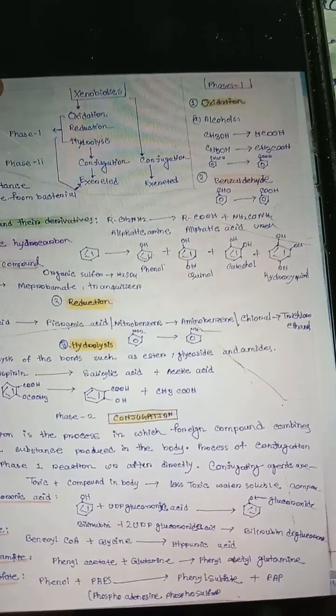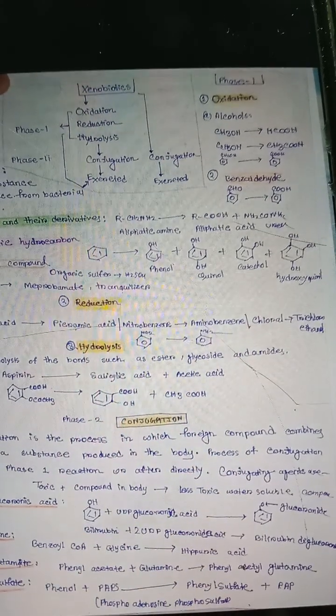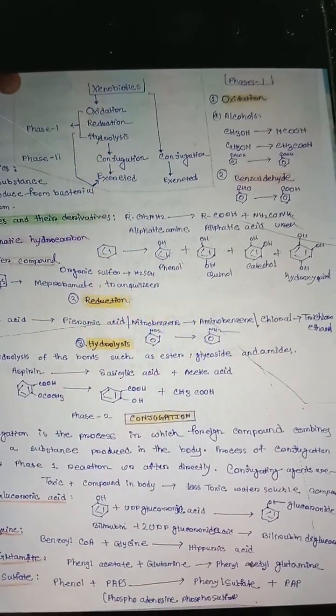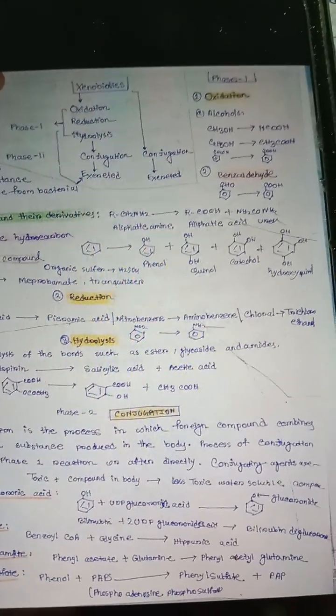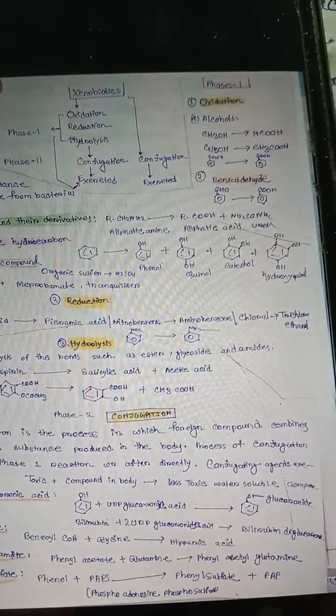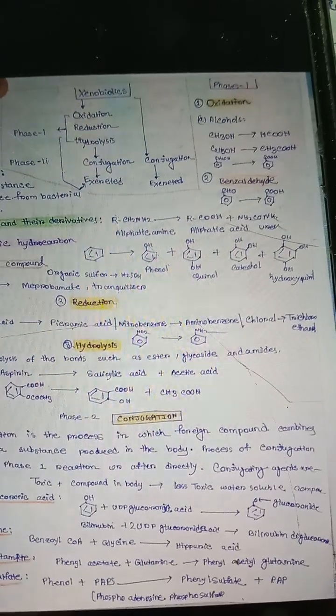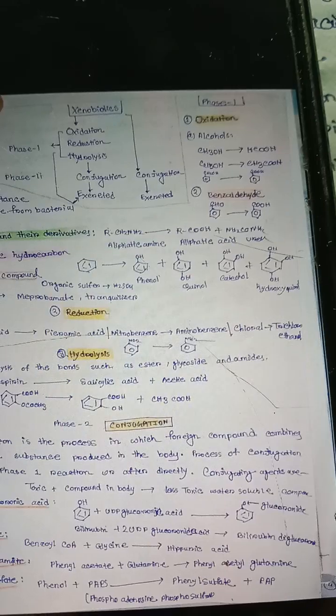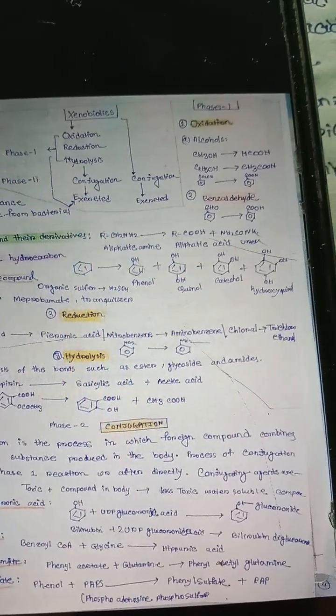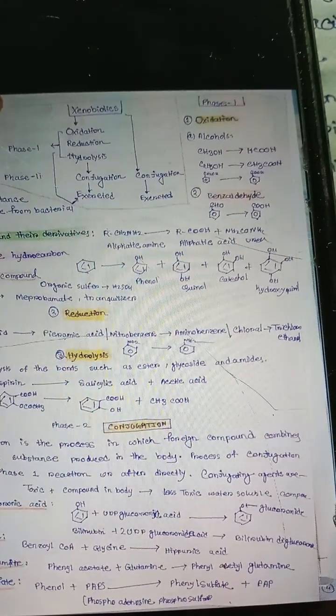And phase 2 is very important, that is the conjugation reaction. What is the motto of this reaction? As we have said, the toxic compound becomes less toxic or less harmful by this process.